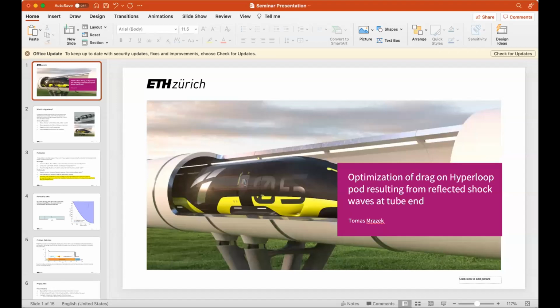The aim of his project is to explore how a shockwave interacts in a finite Hyperloop tunnel at high operating velocities and blockage ratios in order to further develop those systems. Exactly. If everything works well, I will head over to you, and the stage is yours, Tom. Thank you.